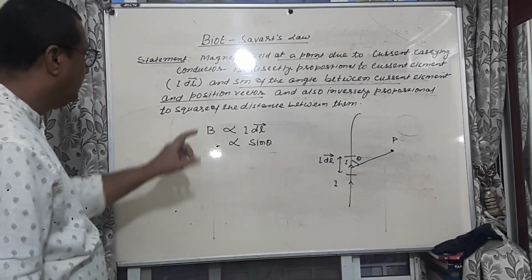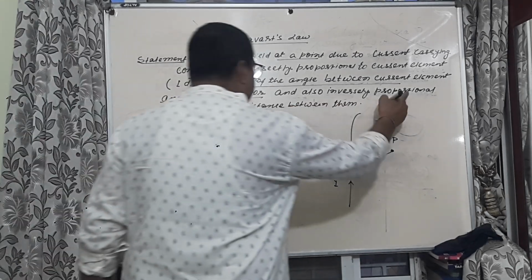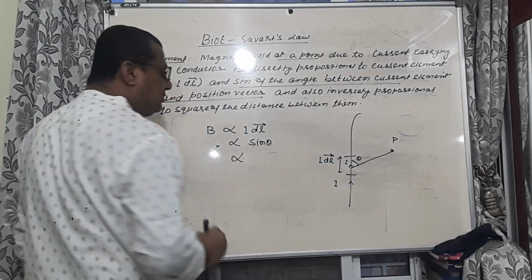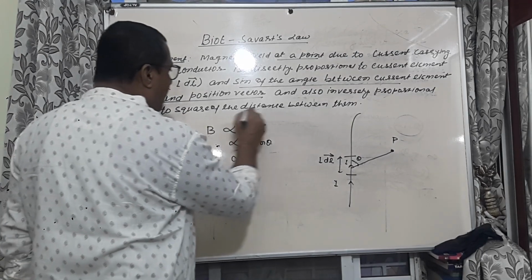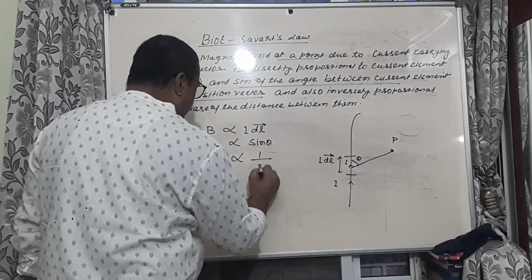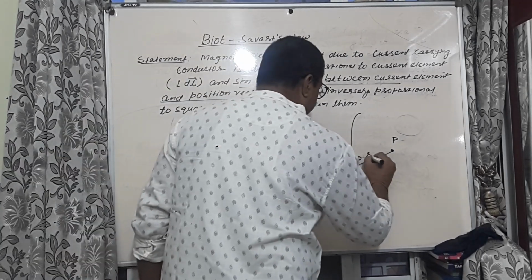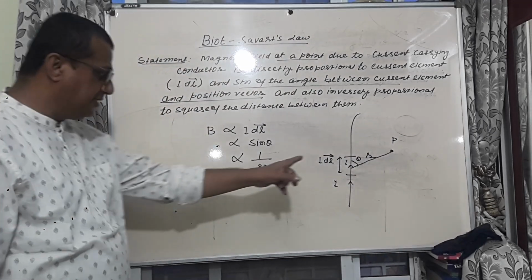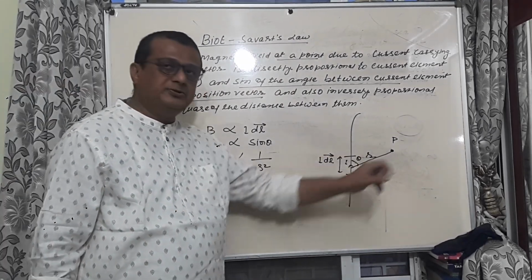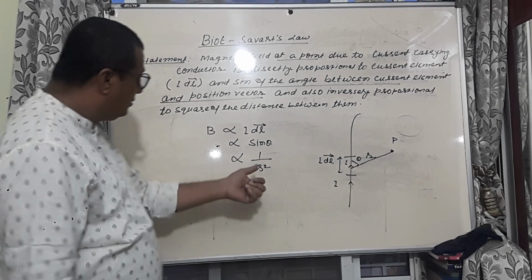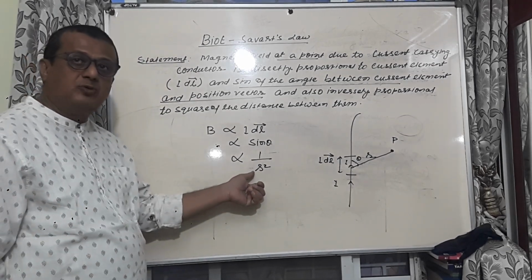And also inversely proportional to square of the distance between them. Suppose the distance between this current element and observation point is r, so inversely proportional to square of the distance between them.